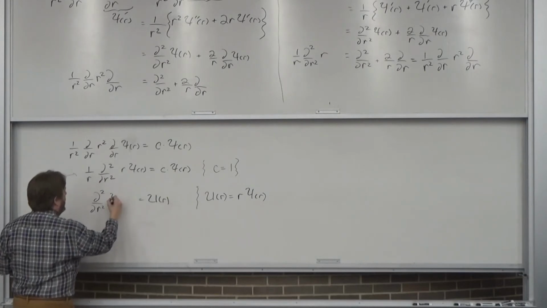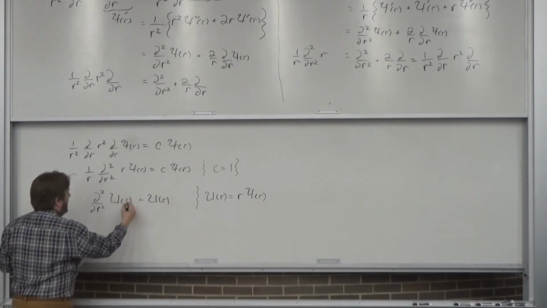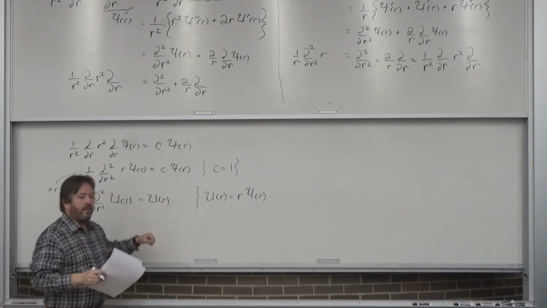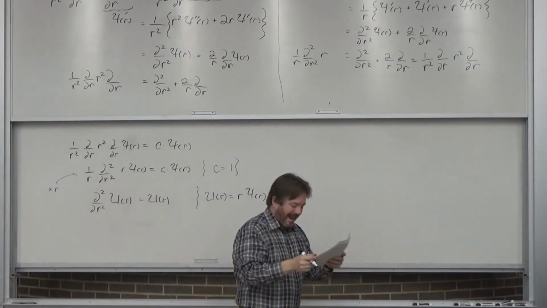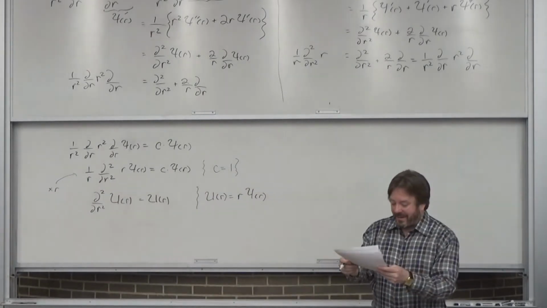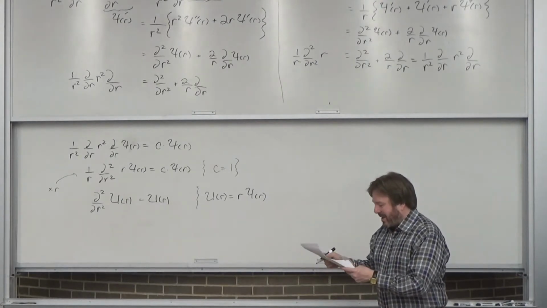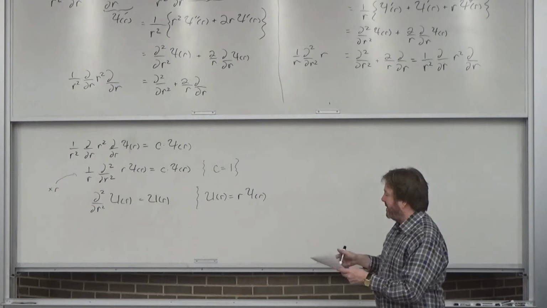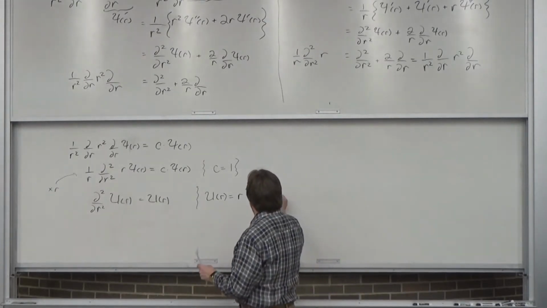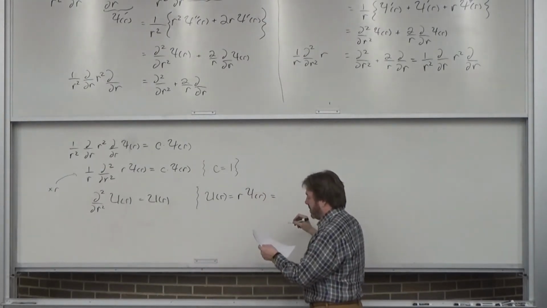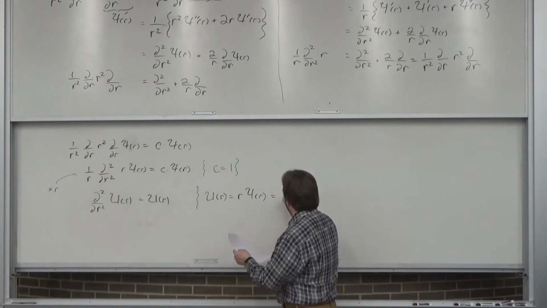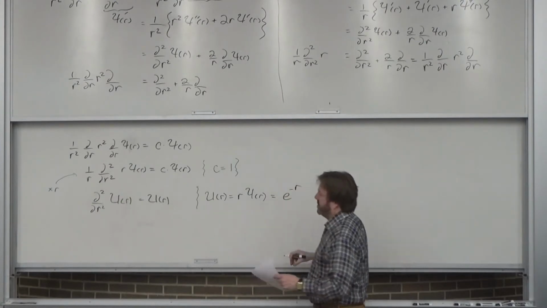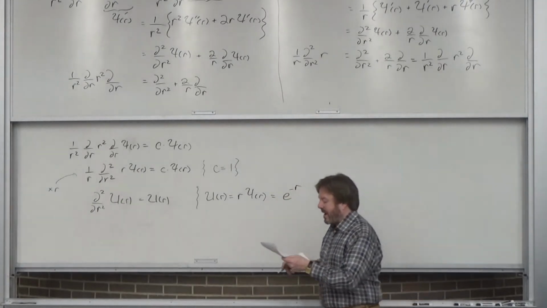So what you're looking for is the double derivative of a function equal to itself, right? So how hard is that? You can imagine that might be rather easy to solve. In fact, what it comes down to, and we'll just prove this, is that e to the minus r works just fine. So let's try that.